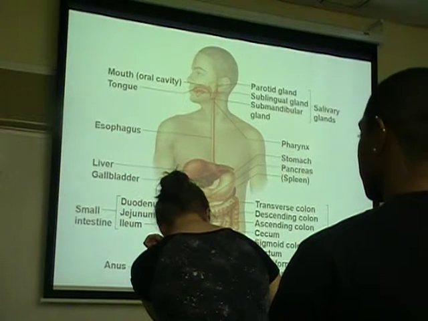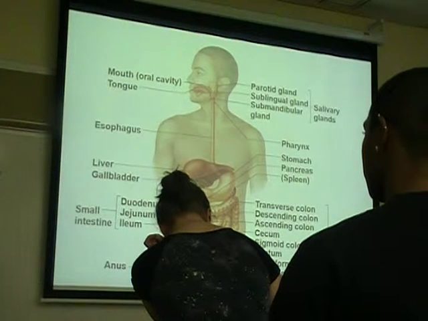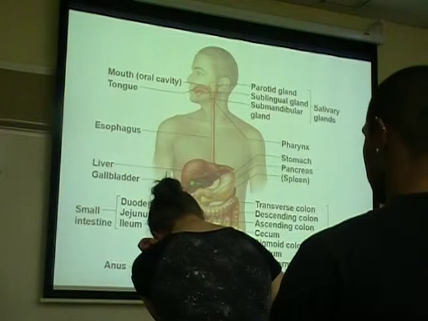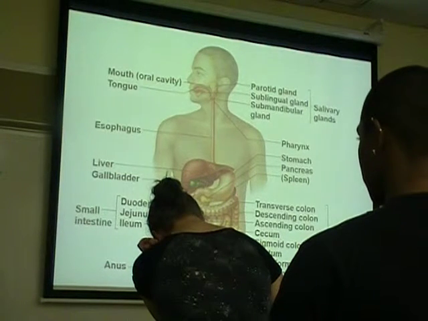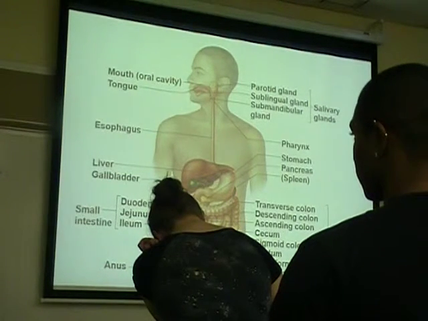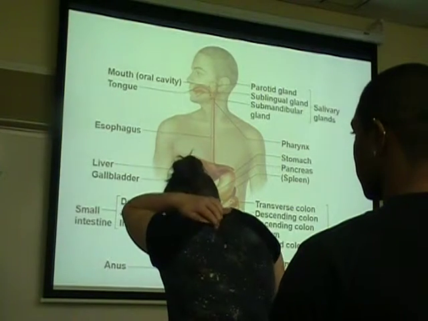Later in the stomach, we have a lipase known as gastric lipase. It's a bit more effective than this, but still not enough to really make a dent.